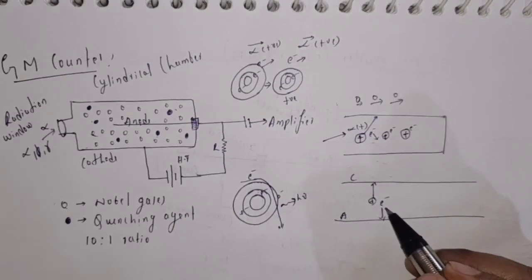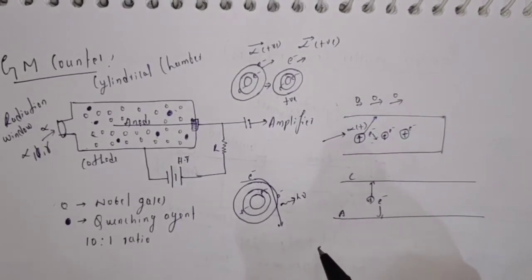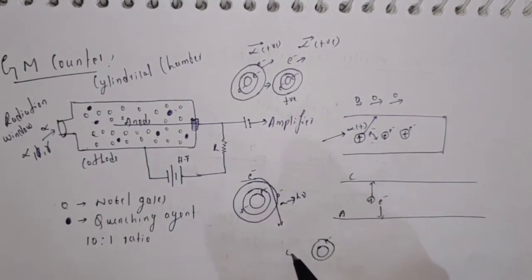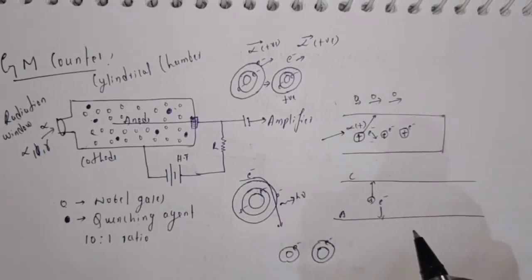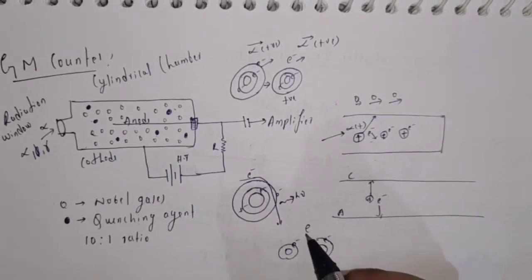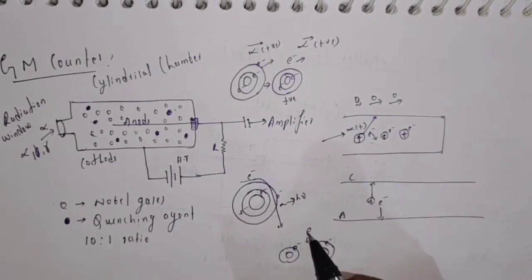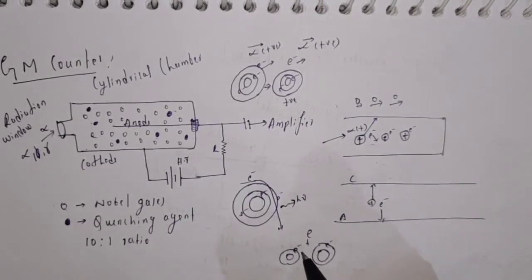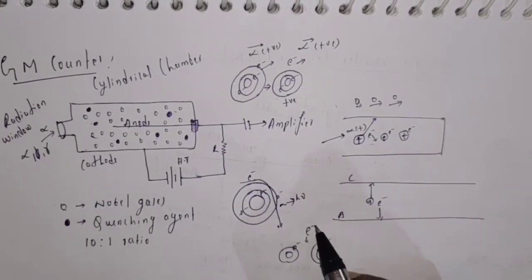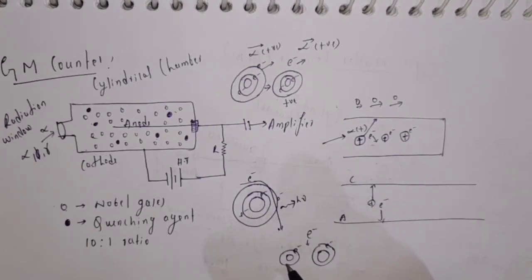And while this electron is moving, here I am going to show you, these are the atoms present in the cylindrical chamber. Because of its high kinetic energy, and because it has a negative charge, and the electron revolving around the nucleus also has a negative charge, these two negative charges repel each other.